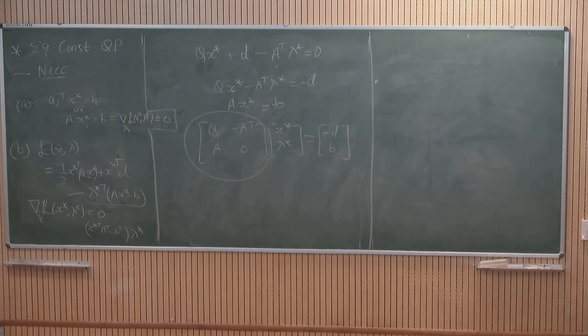Yeah, prove that it's invertible, right? If it's invertible, then it has a unique solution and you have a candidate for the minimizer, right?